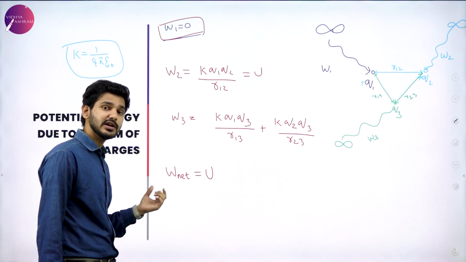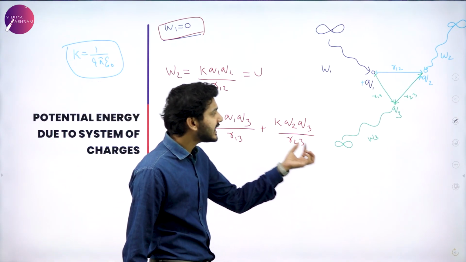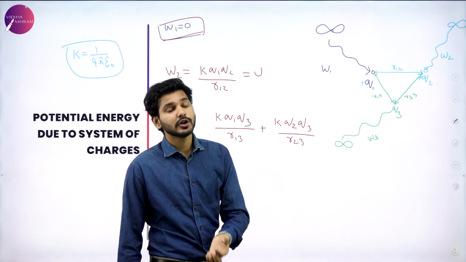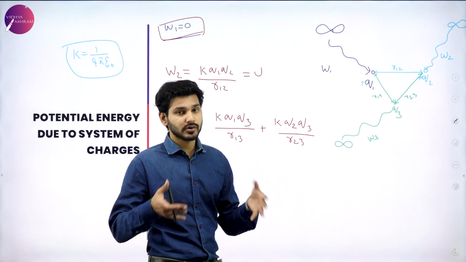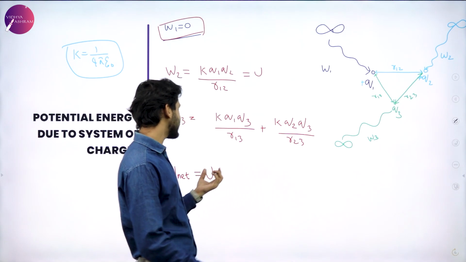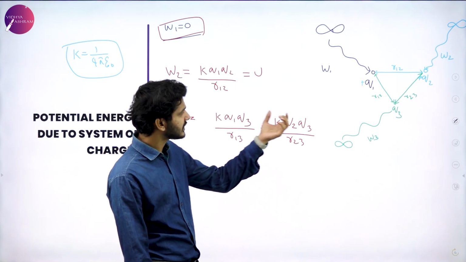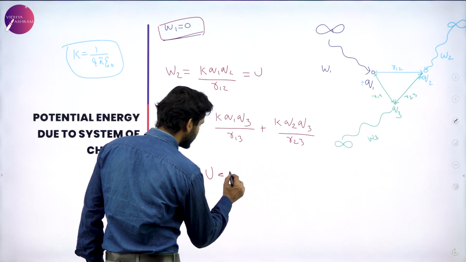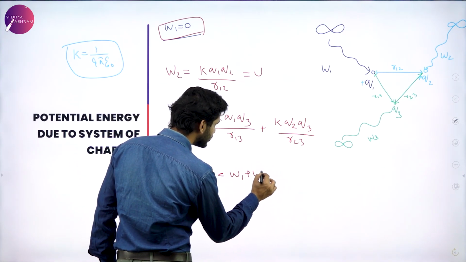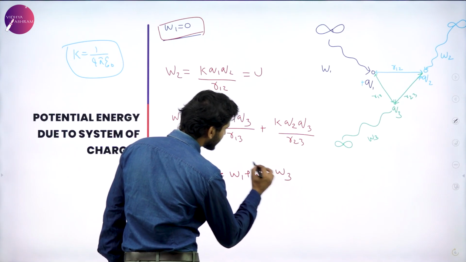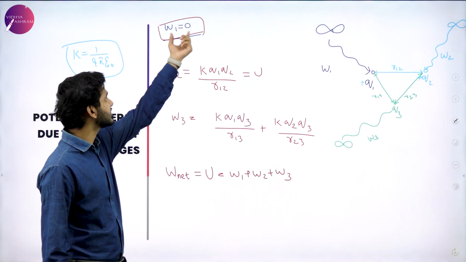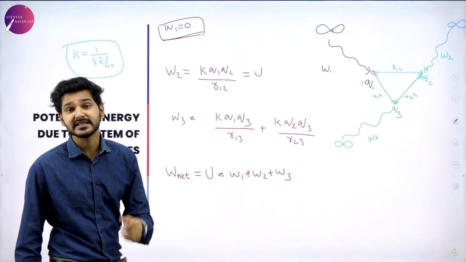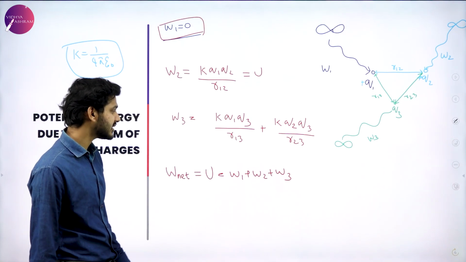If we calculate the total work done in bringing the individual charges from infinity to those points in space, that work combines to form the net potential energy of the system. In this case, the work done is W1 plus W2 plus W3. And we already know that W1, the work done in bringing the first charge to that point, is 0.